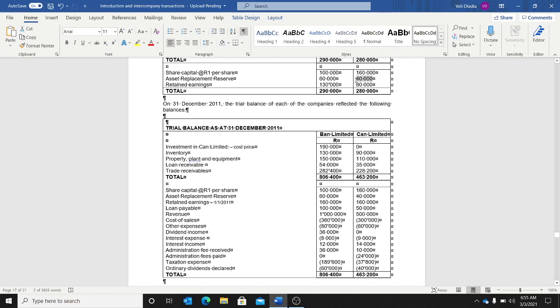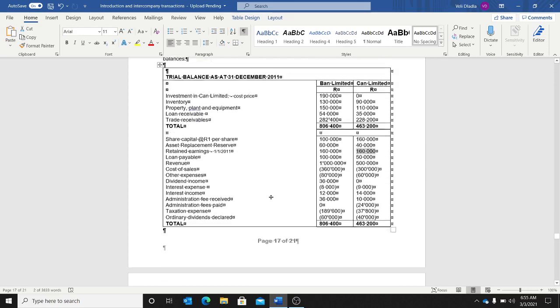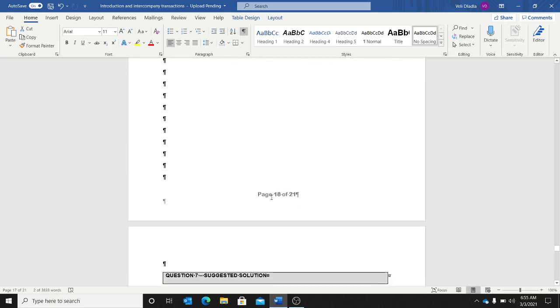Here I've got 40,000. I still have 40,000 here. Nothing changed. Here I've got 80, but now I'm sitting somewhere at 160. So there's a movement from 80 to 160. So the money that was earned while I was part of the company is 80,000.